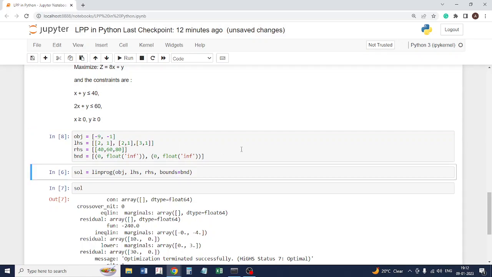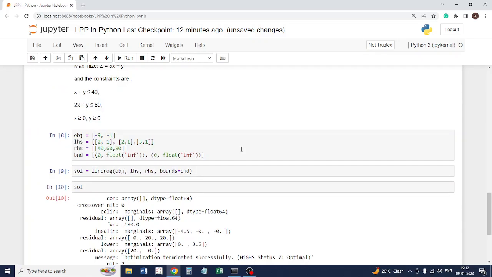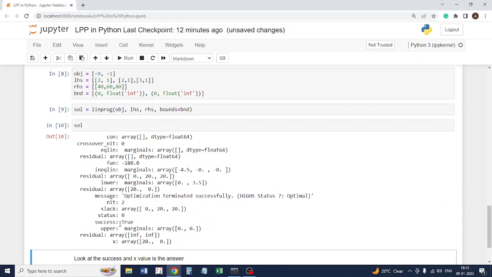If this is solvable, then I would get a success. Otherwise, I will get a failure. So the success is true, optimization is terminated successfully, and for the new equation which I have created, at this point my objective function is maximized.